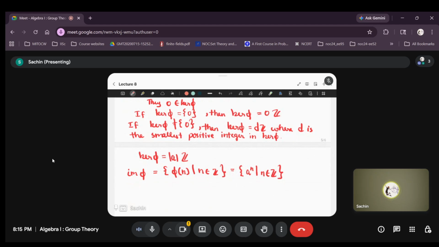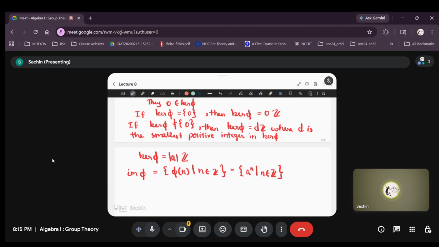Even if it is finite, it won't be G. A is some arbitrary element of G. Yeah, what is this set?